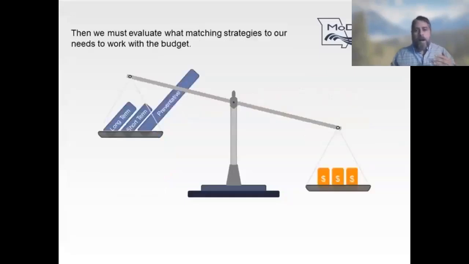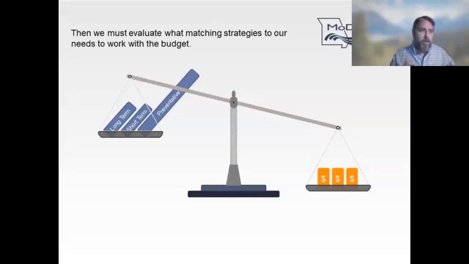As we look at all the vast network that we have and all of the different assets that we have to maintain, we have to look at the different approaches that can be used to keep those assets in good or better condition. And as we do that, different strategies come up.